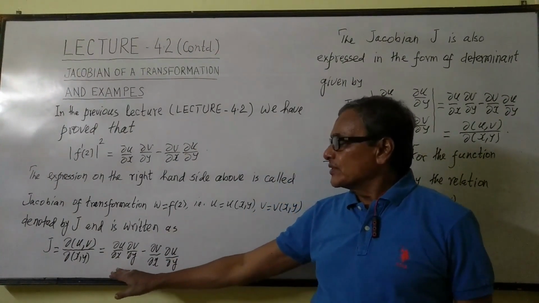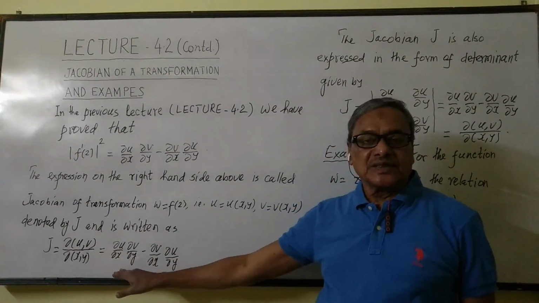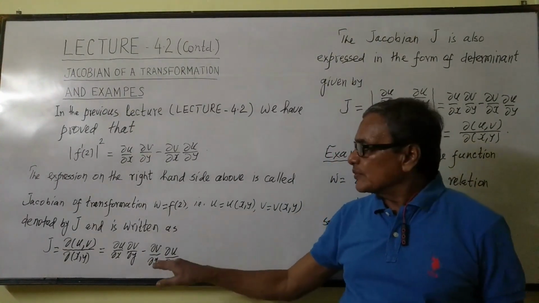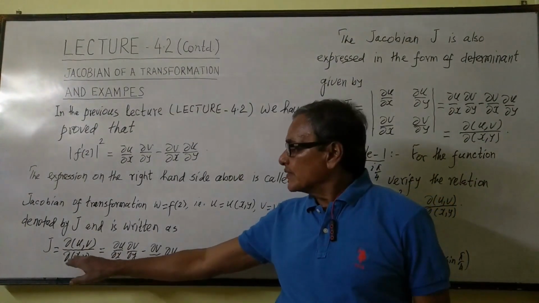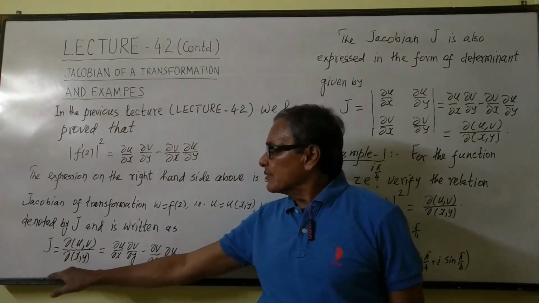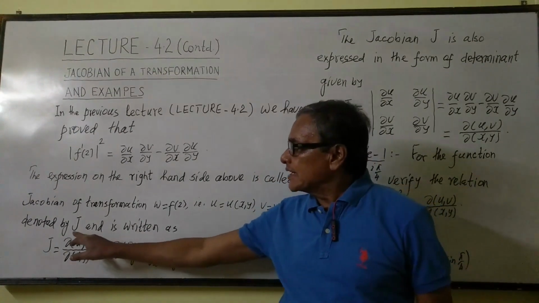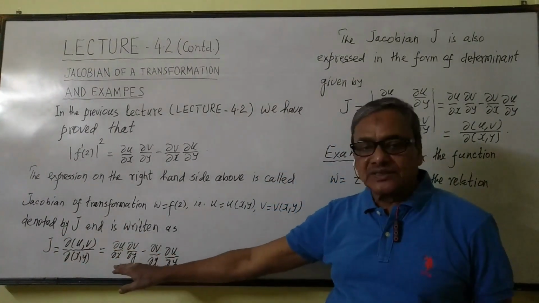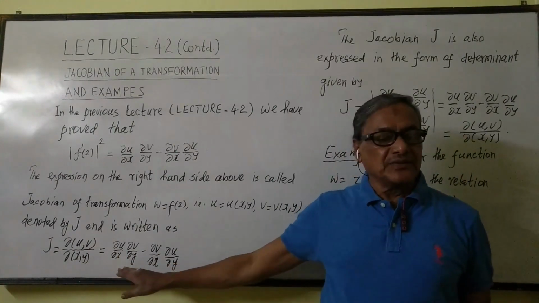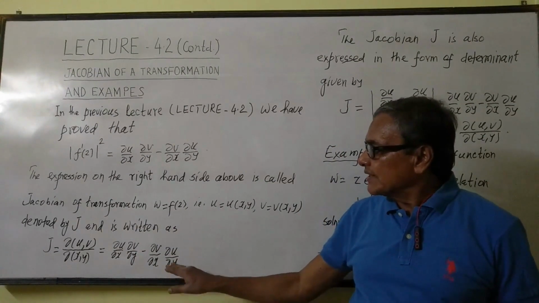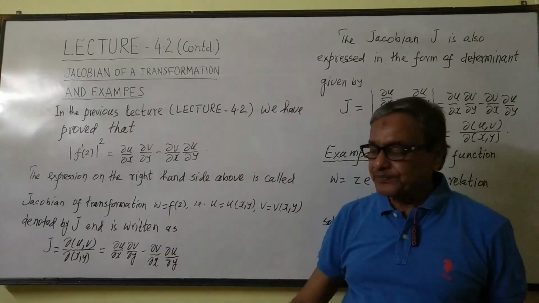This is equal to del u del x del v del y minus del v del x del u del y. This is a representation in the form of derivative. So this J is mainly represented by this derivative del u v upon del x y, and its value is del u del x del v del y minus del v del x del u del y.